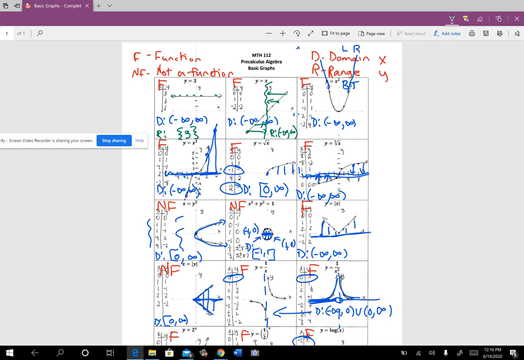All right, now look at this one. Let me erase the blue that's on there. All right, so on this one, the range, do you see how there's nothing below the x-axis? If you smash the points to the y-axis, all you would cover up would be from there on up.